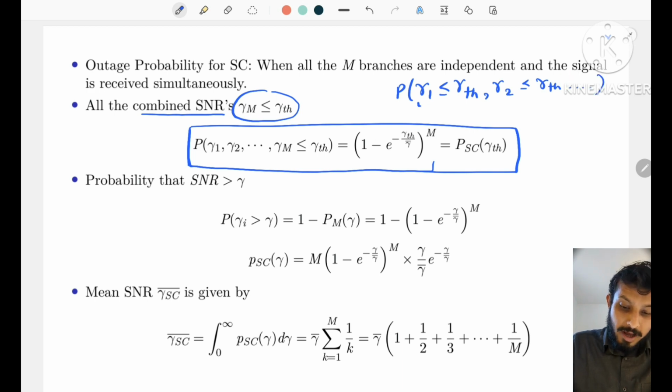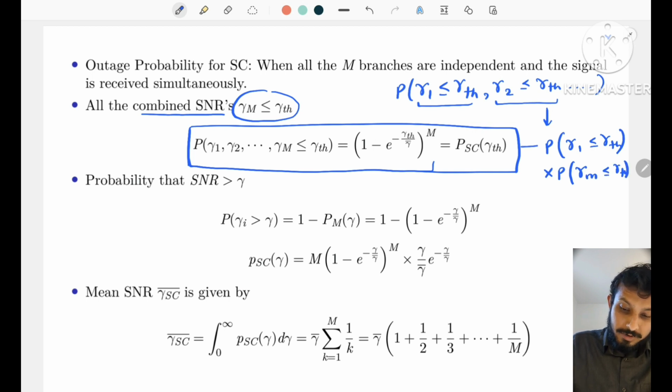And since all these branches are independent, we can directly multiply the probabilities that gamma 1 is less than gamma TH multiplied by probability that gamma M is less than gamma TH.